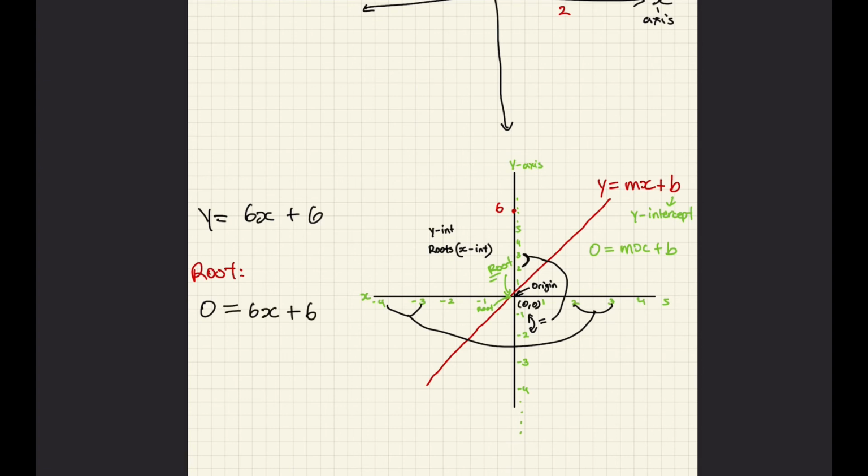So if we solve this using the laws we learned in the previous videos, that is -6 equals 6x, because -6 there, -6 there, divide by 6 here, and divide by 6 there, and we get -1 is equal to x.